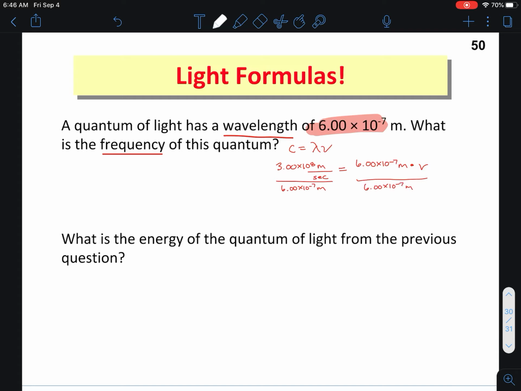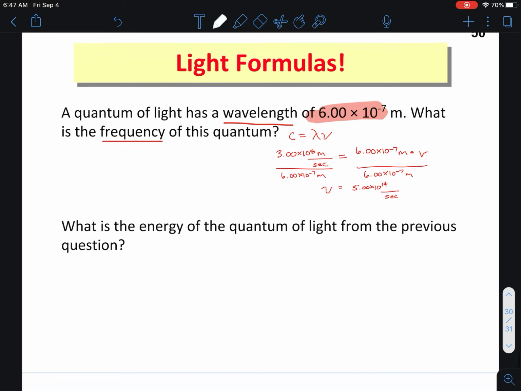Divide both sides by 6.00 times 10 to the negative 7th. I get that the frequency is 5.00 times 10 to the 14th per second, or hertz. The frequency is how often something happens, so these waves occur 5.00 times 10 to the 14th times per second. That's really lots of waves, and it depends on the wavelength.